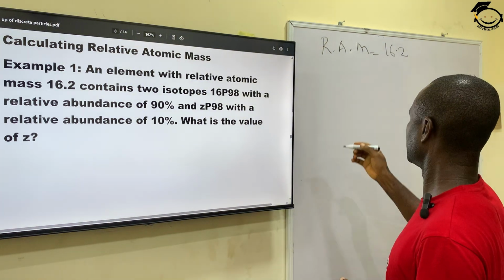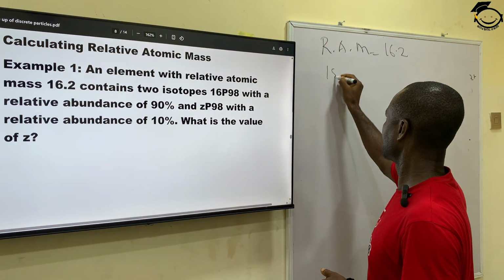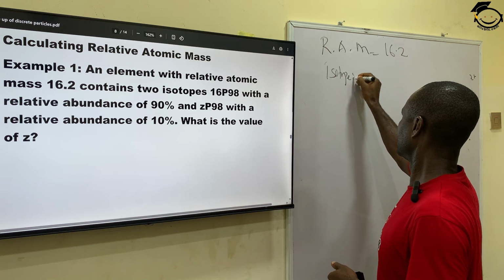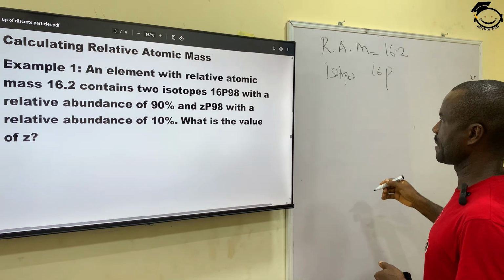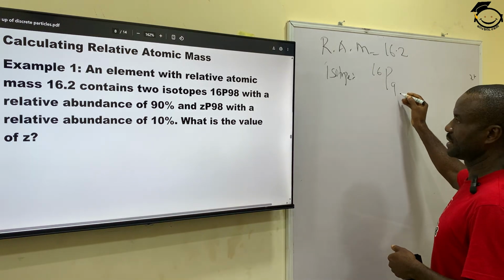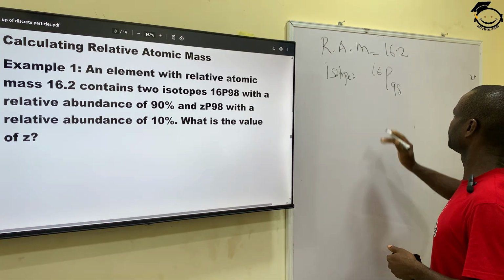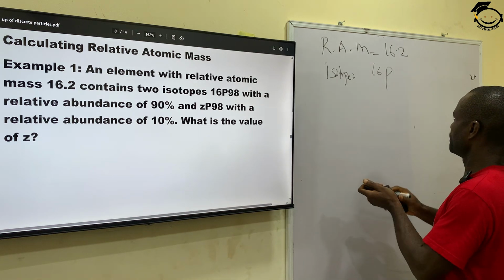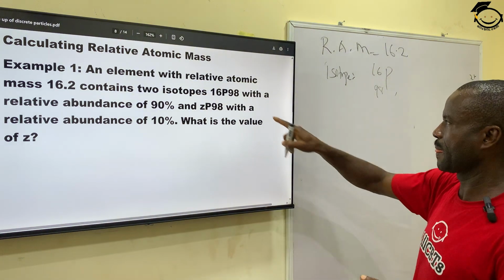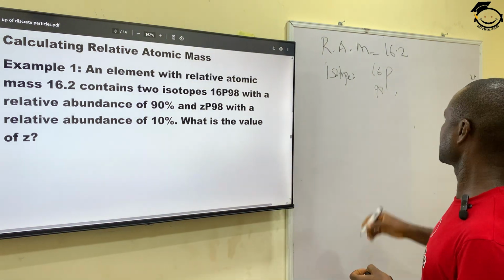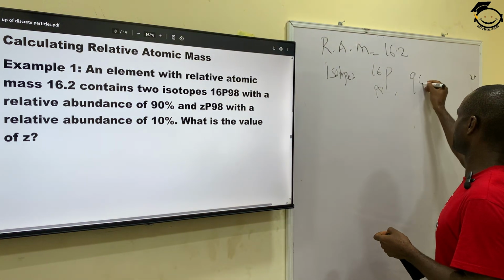The isotopes are 16 P 98, that is phosphorus, let's say P, and another isotope. The relative abundance of the first is 90%.